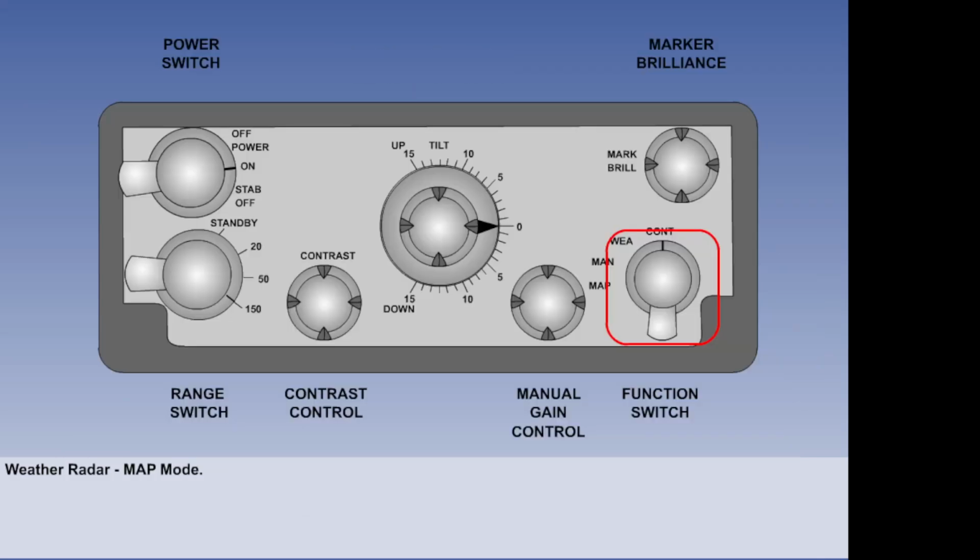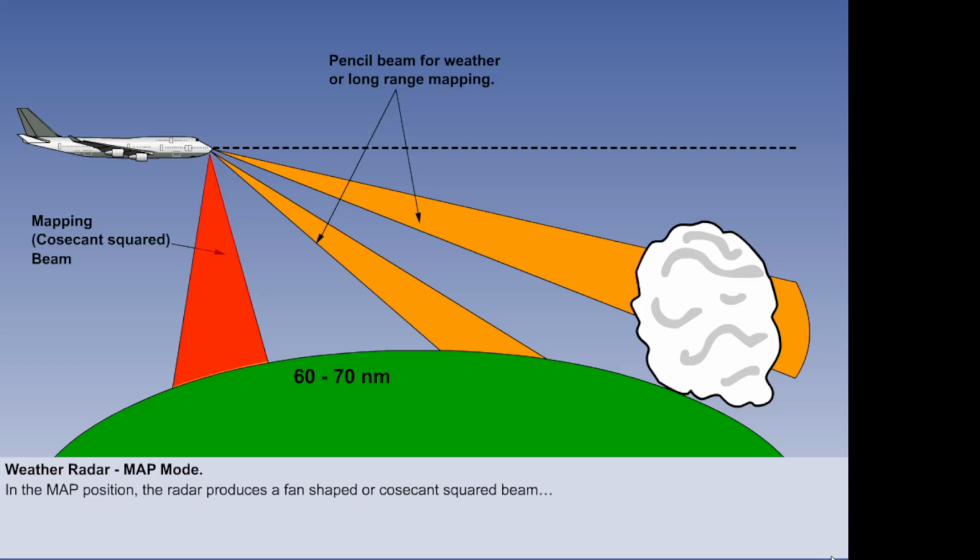The function switch has 4 positions: map, manual, weather, and contour. In the map position, the radar produces a mapping beam. In order to obtain an even presentation of surface features, the transmitter power in older equipment is progressively reduced as distance decreases.